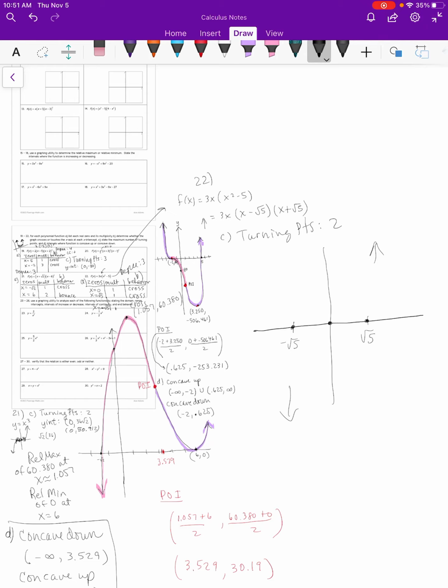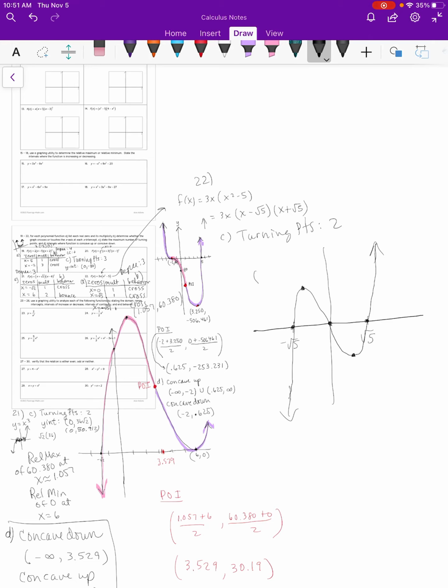And they all cross, so you're just going to go. So it's kind of easy to draw. You're going to have a max, you're going to have a min, and since this is symmetrical, your point of inflection is actually going to be 0, 0. So this one is super easy.